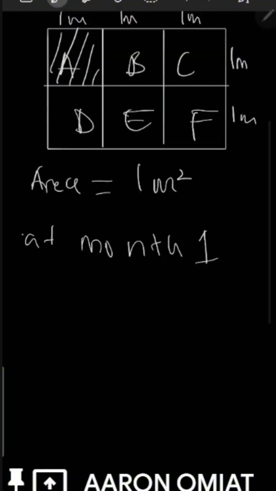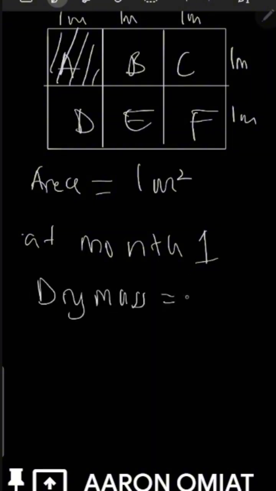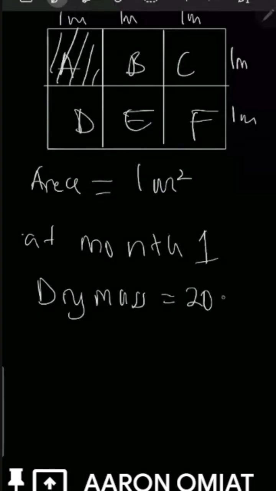We get all the plants from the 1 meter squared area, then we take it to the lab, we oven dry it. After oven drying it, we determine the dry mass. And let's say for calculation purposes, our dry mass comes out to be maybe something like 20 kilograms.